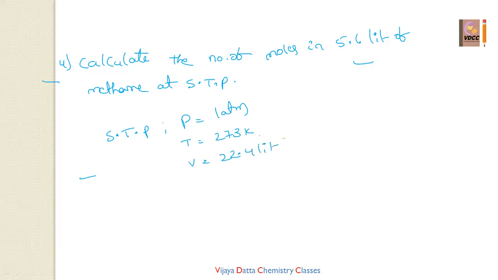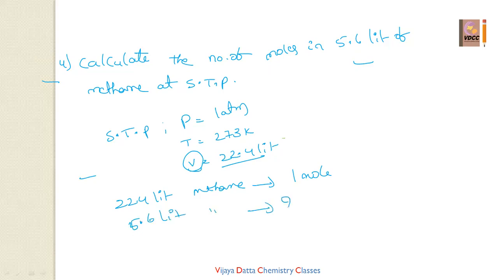Some now take it as 22.7 liters, but here we are using 22.4 liters only. So at STP, 22.4 liters of methane gives you 1 mole. Then how many moles does 5.6 liters of methane give?